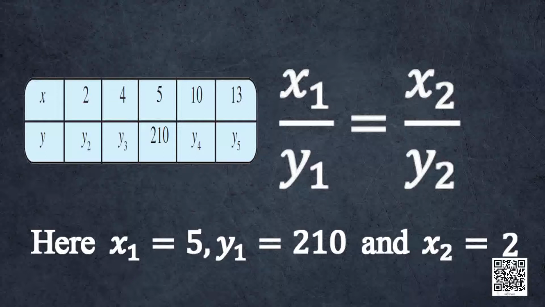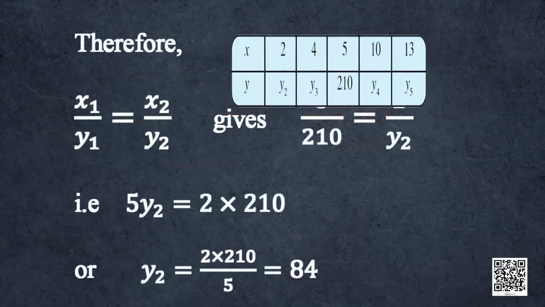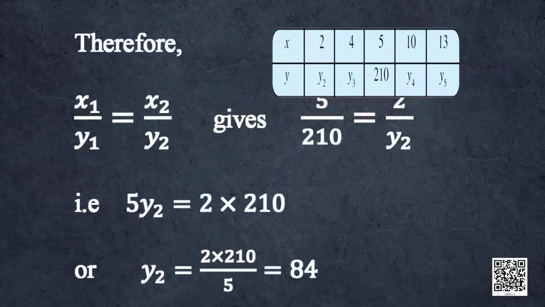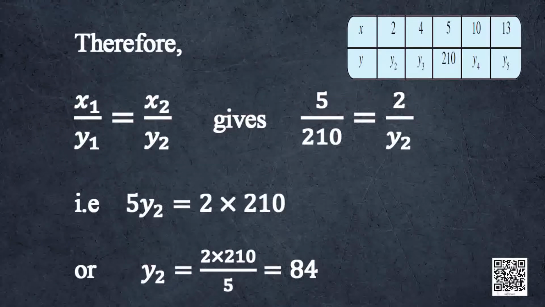In the first case, x1 is equal to 5, y1 is equal to 210 and x2 is equal to 2. Therefore, substituting these values in x1 by y1 is equal to x2 by y2, we get 5 by 210 equal to 2 divided by y2.